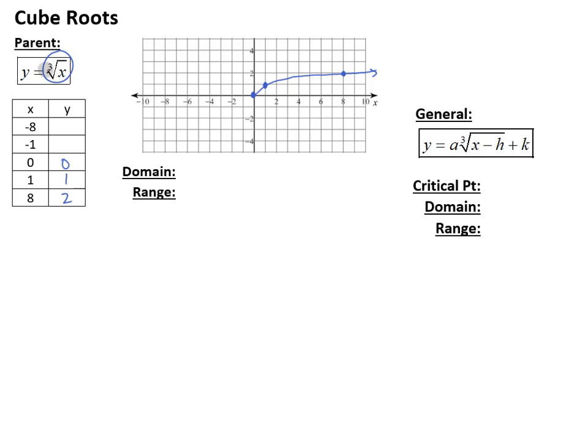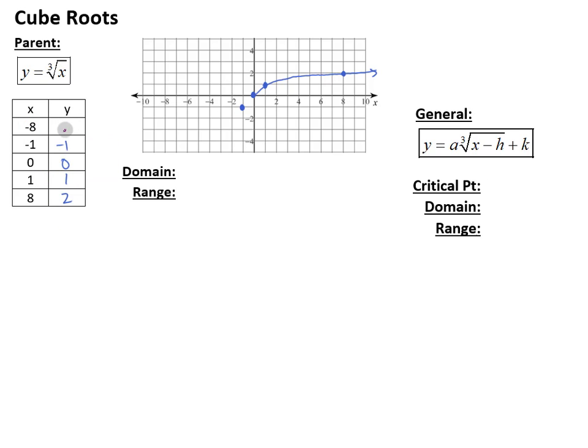However, cube roots can also have negative numbers under the radical. For instance, negative 1 times itself 3 times is equal to negative 1. So the cube root of negative 1 is negative 1. Likewise, what times itself 3 times is negative 8?